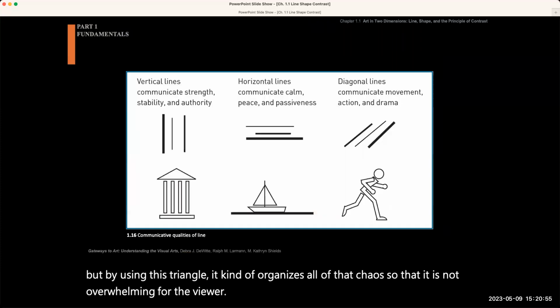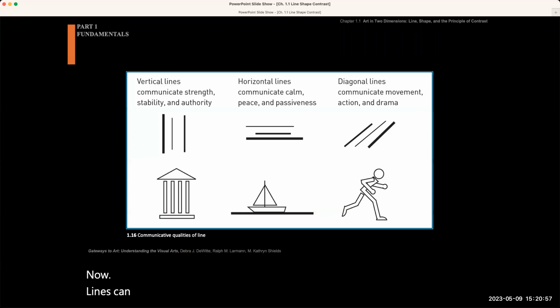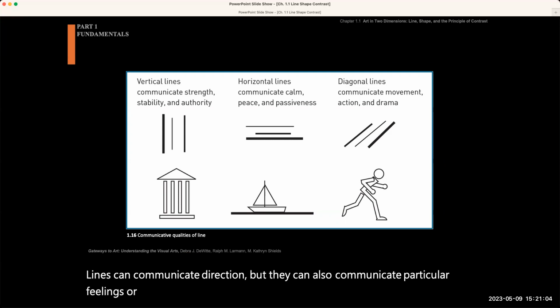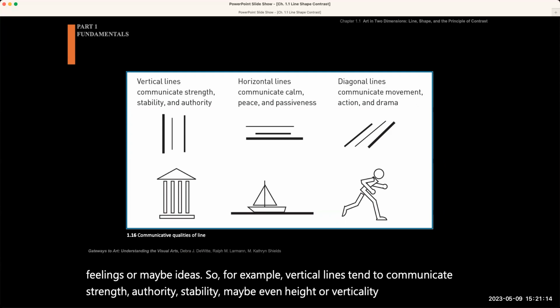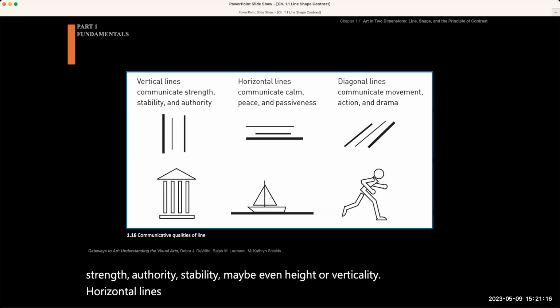Now, lines can communicate direction, but they can also communicate particular feelings or maybe ideas. So, for example, vertical lines tend to communicate strength, authority, stability, maybe even height or verticality. Horizontal lines suggest calmness, peace, passivity, also stability, though, I would say.